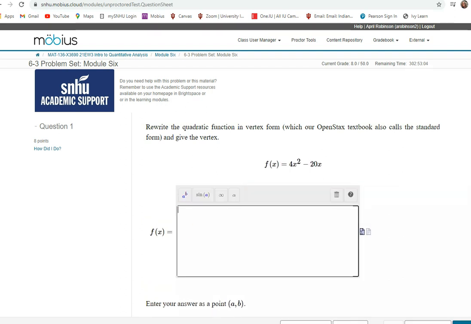Sorry, I want to do the fraction thing, so let's see, 4 parentheses, x minus, hey, x minus, and I need a fraction, so click on the a to the b, and there's my fraction. 5 over 2, close the parenthesis, and I'm going to highlight that. I think this will work. A to the b, yep, there we go. And type in the b, which is a squared, scroll down, and minus 25.